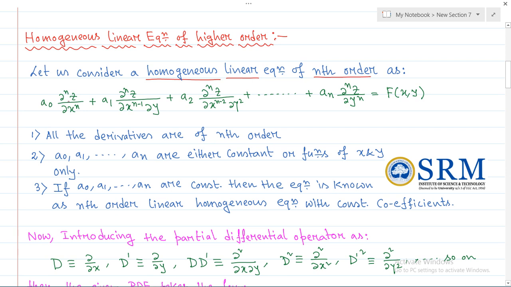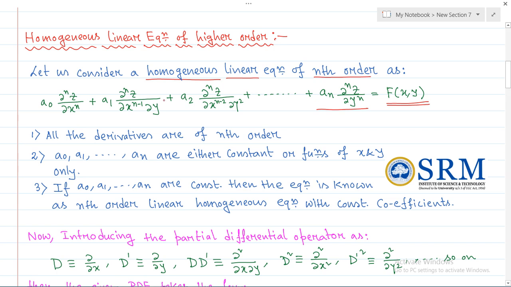That is a0 del to the power n z by del x to the power n plus a1 del to the power n z by del x to the power n minus 1 del y, a2 del to the power n z by del x to the power n minus 2 del y squared, plus dot dot, an del to the power n z by del y to the power n, equals a function of x and y only. There will be no function of x, y, z, otherwise it will not be linear.